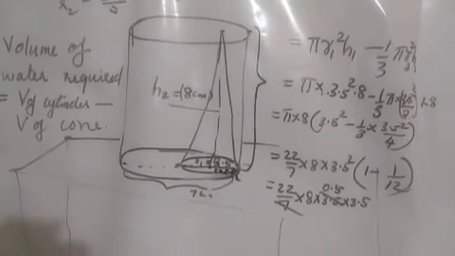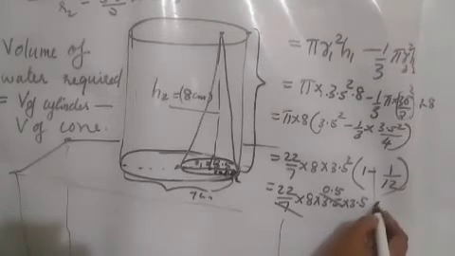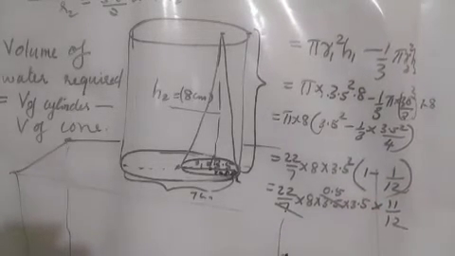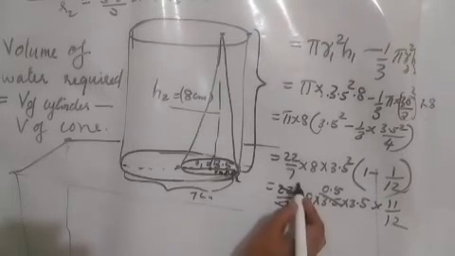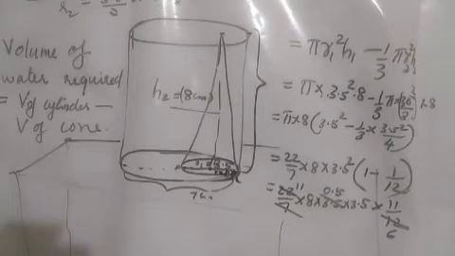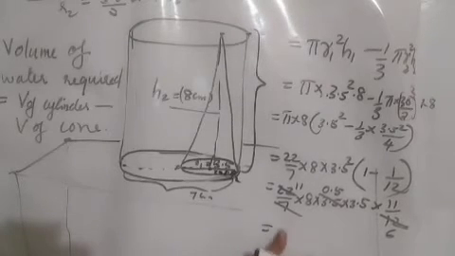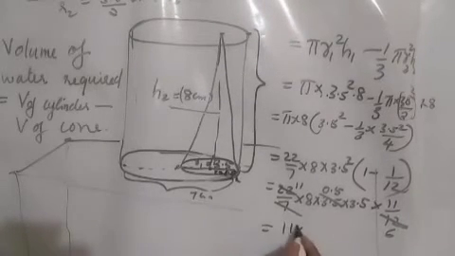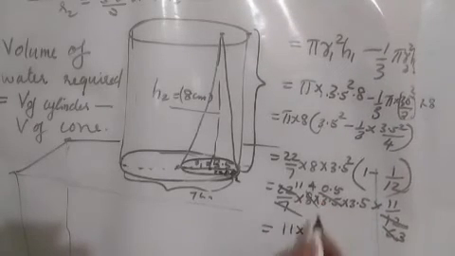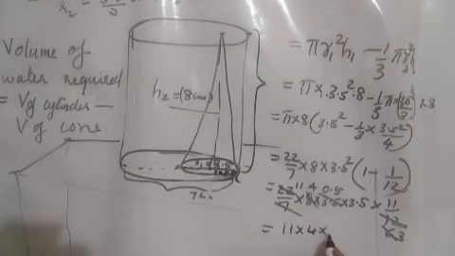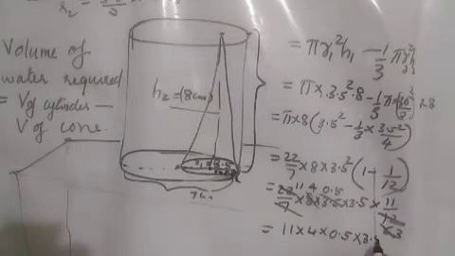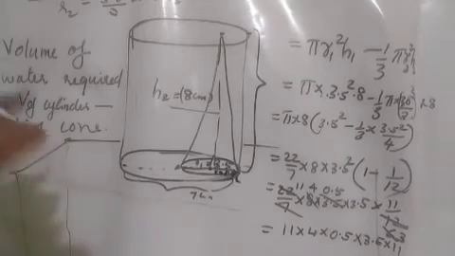0.5 into 12 minus 1, 11 by 12. 11, 6. Okay, so multiply this. 11 into 8 and 6 we can cancel, 3 2s and 4. 4 into 0.5 into 3.5 into 11.